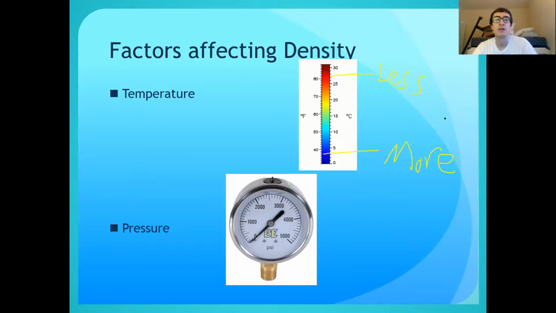Pressure can also affect density. So in general, as you raise the pressure of something, you can increase the density because pressure can cause the material to be more compacted into a certain area. So think of like an oxygen tank that somebody uses when they go scuba diving.